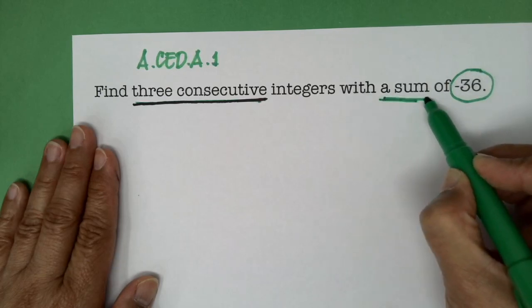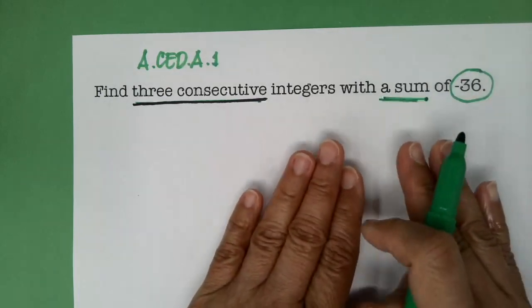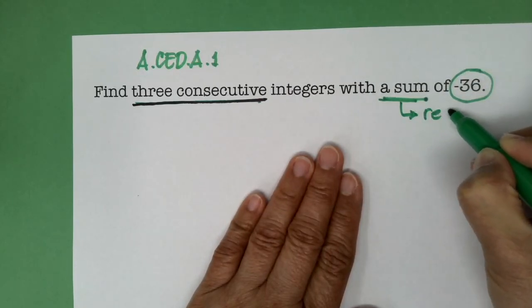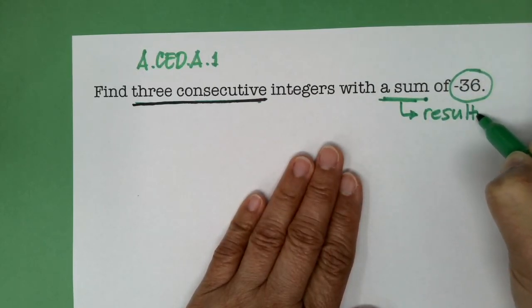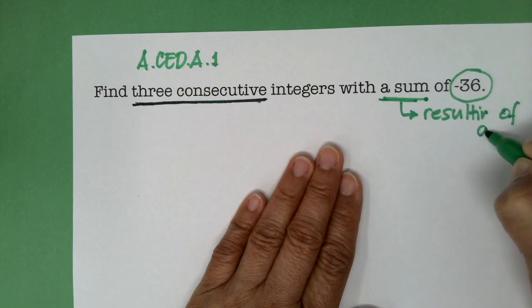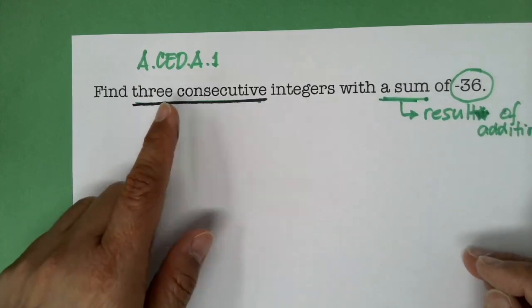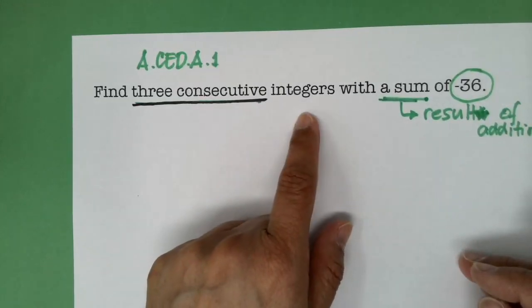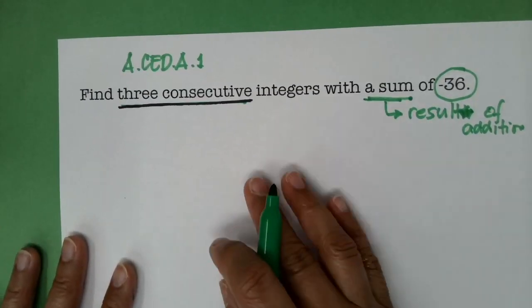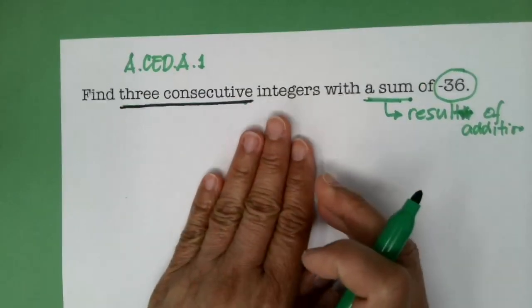When we say sum, that means it's the result of adding, the result of addition. So we will be adding these three consecutive integers, and then we will get a sum of negative 36. But what are these consecutive integers?